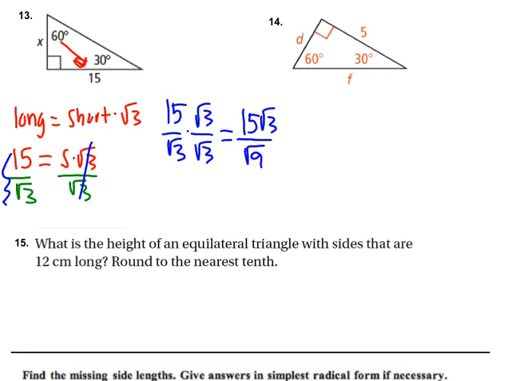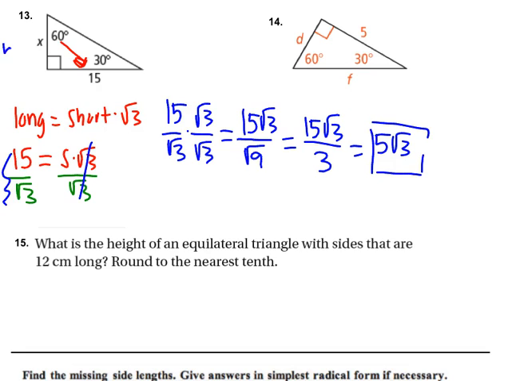Well, what's the square root of 9? 3. Can I simplify 15 over 3? Sure can. We're going to get 5 square roots of 3. Okay, so we just found x. 5 square roots of 3.